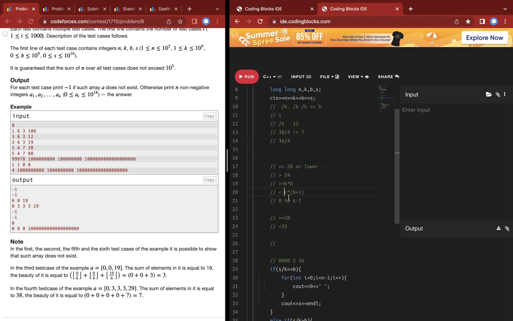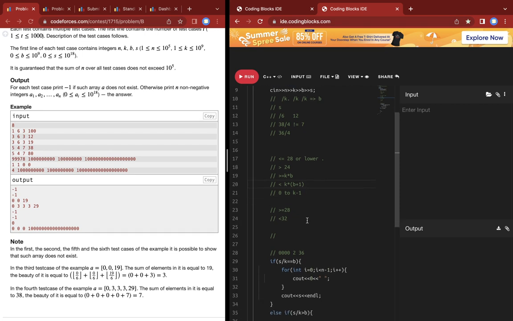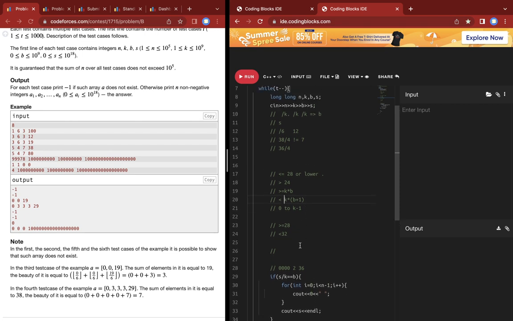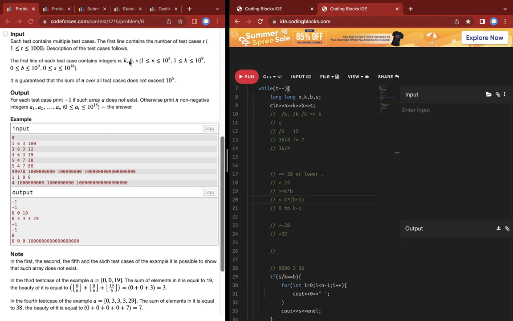आई थिंक यही है अप्रोच। अगर ये नहीं है तो क्या है? दूसरी अप्रोच क्या हो सकती है? We are basically trying to check for either we can make our beauty to be B or sum to be S. So we are first making sure that our beauty is B by using these three things.